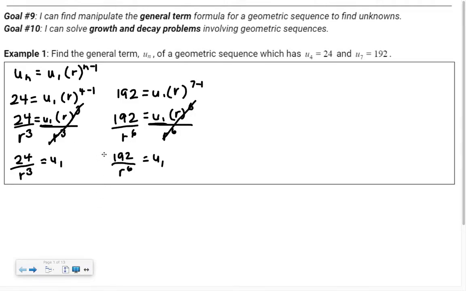Because these are both terms from the same sequence, both of these u1s are equal to each other, which means I can set 24 over r cubed equal to 192 over r to the power of 6 and solve for r.